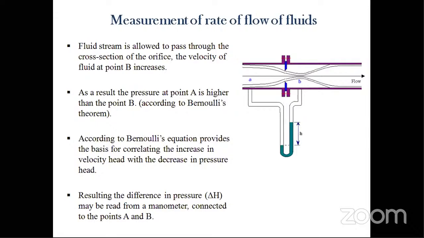The main phenomenon happens when the fluid stream is allowed to pass through the cross section of the orifice, and the velocity of fluid at point B increases. It means when it goes from point A, the starting point of the orifice meter, to point B, the velocity increases at portion B. So whenever the velocity increases, the pressure head decreases. This results in a pressure difference, delta h, which may be read from a manometer connected to points A and B, which measures the pressure head.